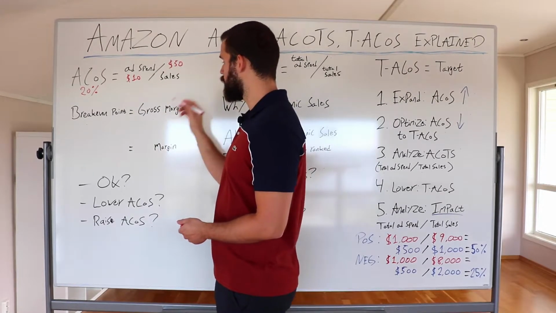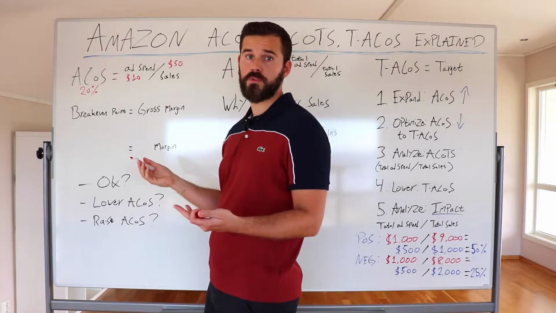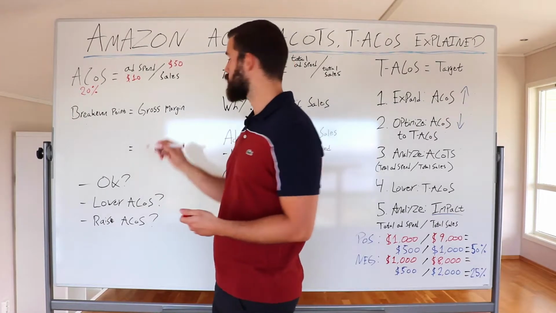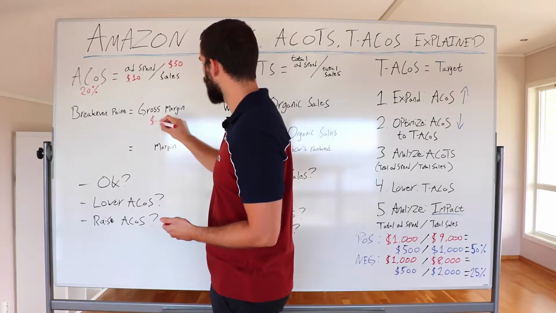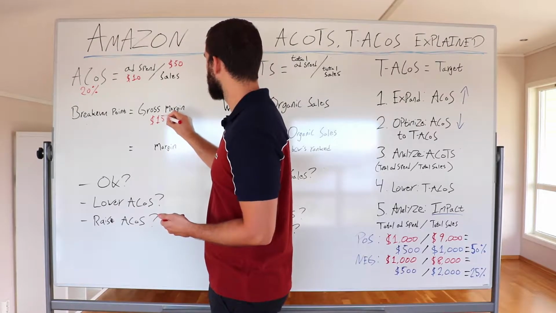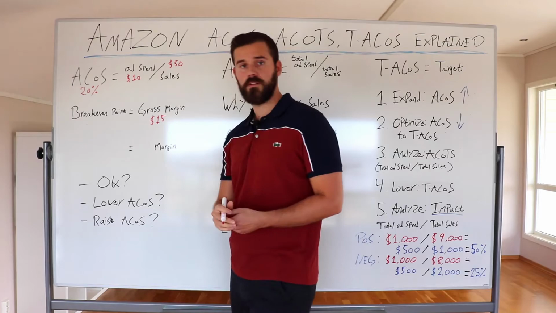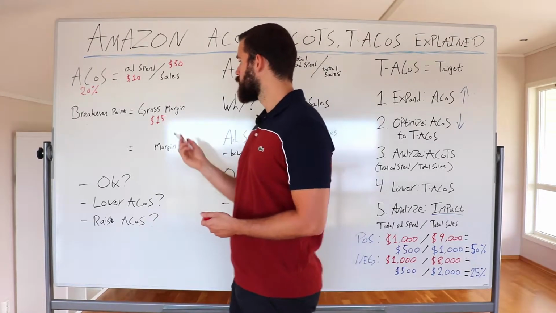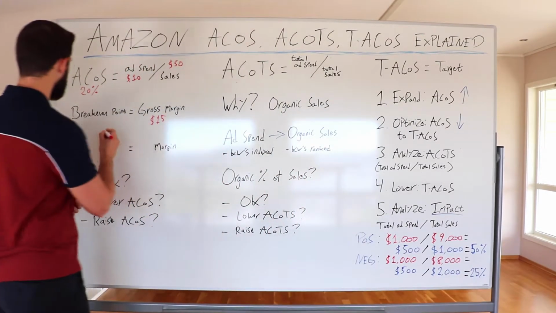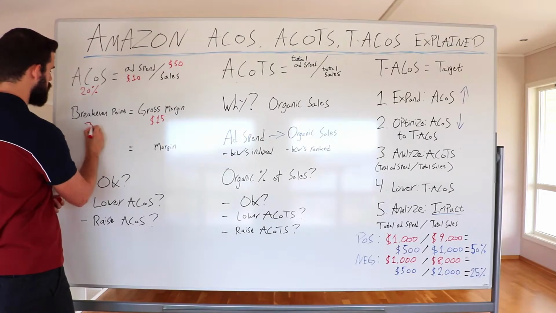Now, let's assume that each time you make a sale of your product, the gross margin is $15. So you make $15, and this is not counting in the ad spend, for example. Now, this would mean that basically your break-even point is 30%.